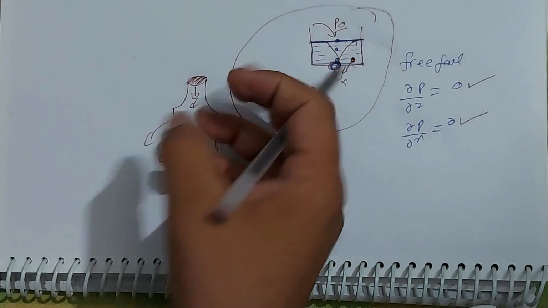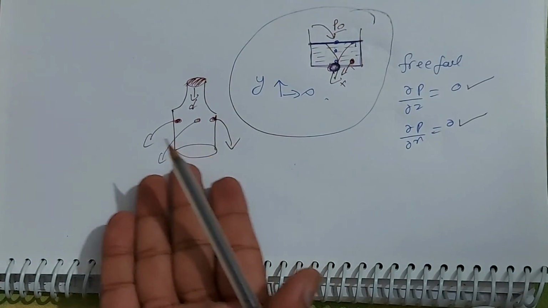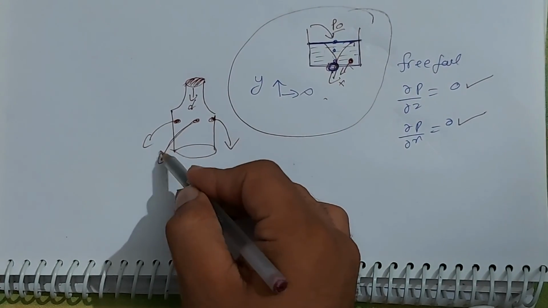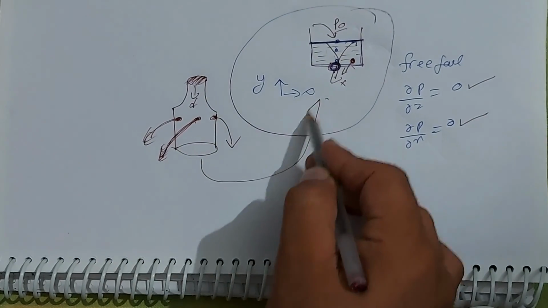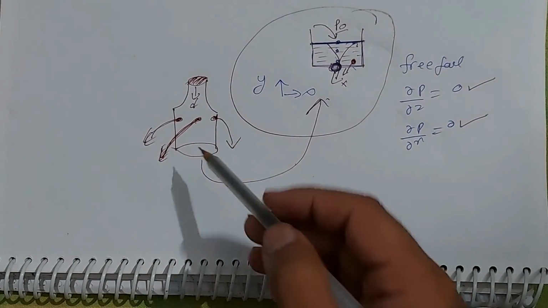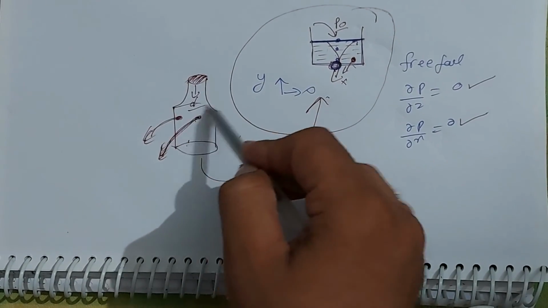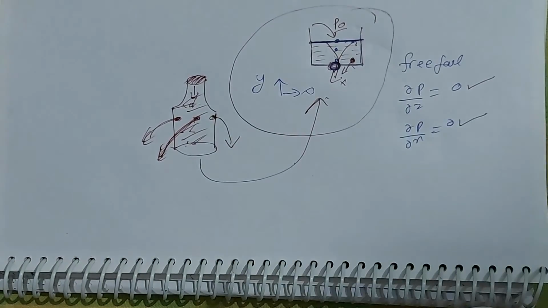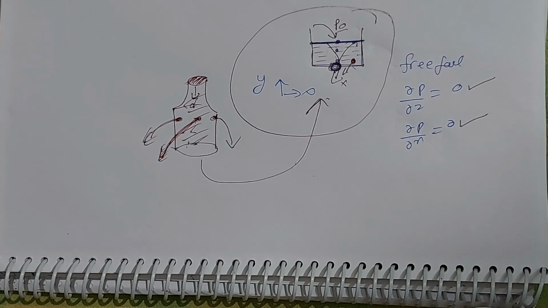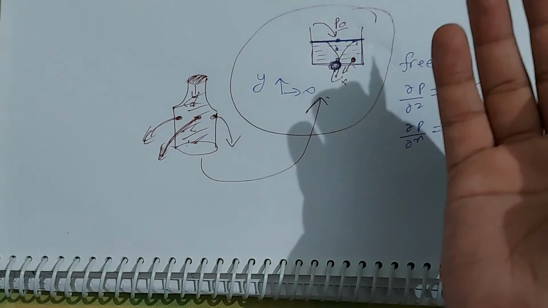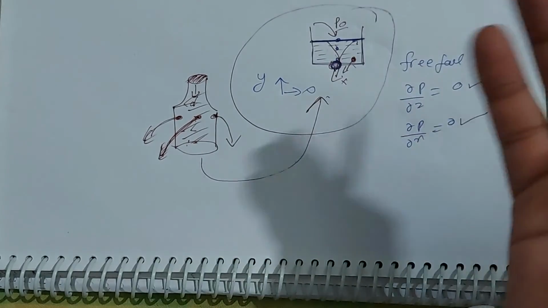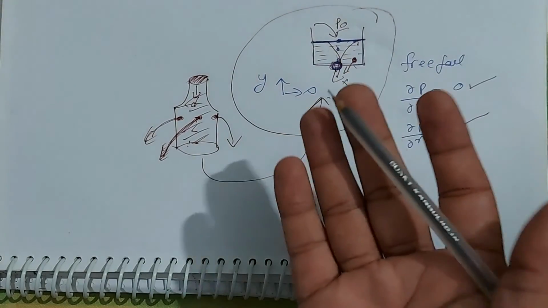But if you allow it to free fall, if you throw it, then the water will not flow out because of this reason: the pressure throughout the water is the same, and the fluid above the hole is not applying any kind of pressure to make the flow happen.